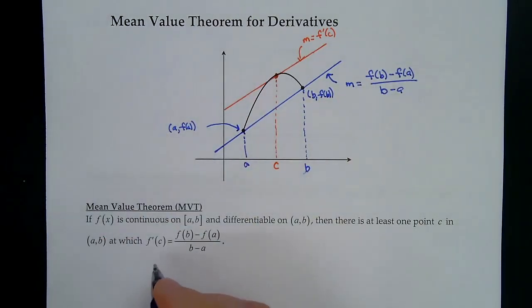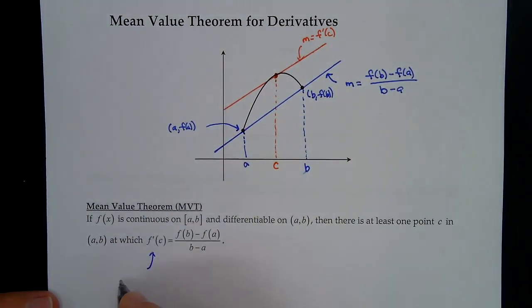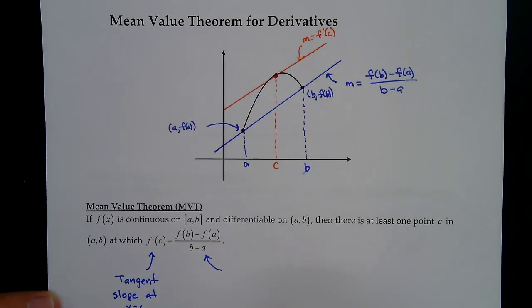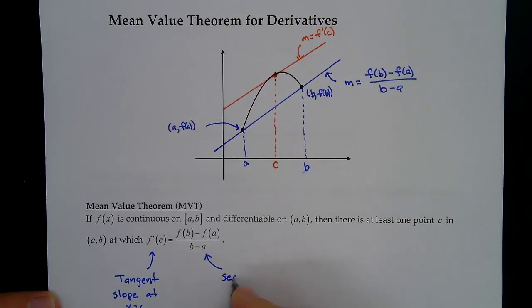All right, so this says the tangent slope at x equals C is equal to, and this is called the secant slope. Remember, secant is a slope between 2 points. So secant slope between x equals A and x equals B.